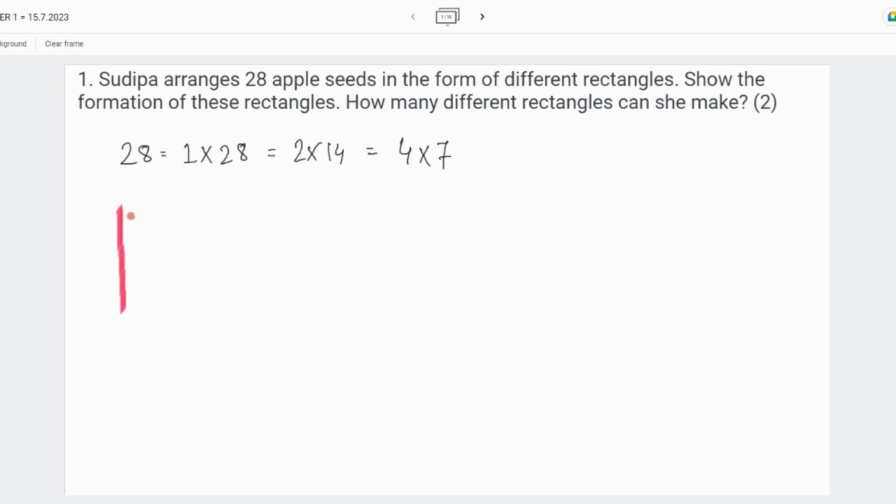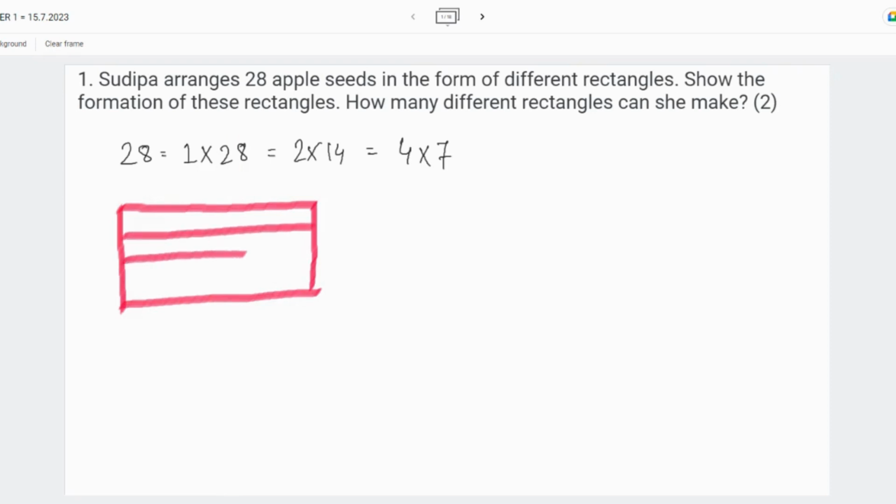Okay, if there are 4 rows, there will be 7 seeds in each row. And now we will try to draw the rectangles. It's very easy. It's just like drawing a picture. You just need to visualize what you are thinking. Just visualize the numbers.